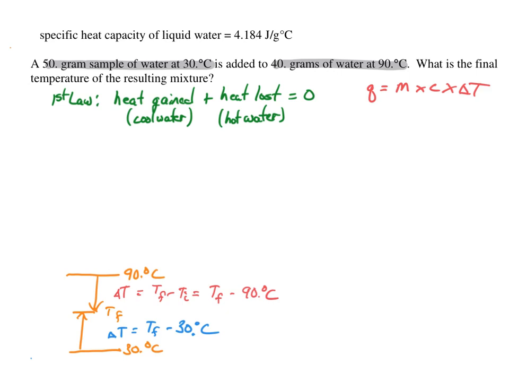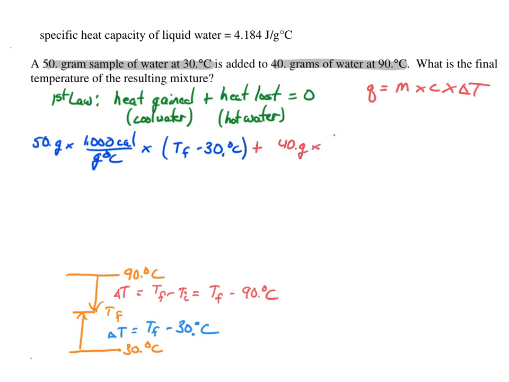So for the cool water bath, we have a 50-gram sample. Its heat capacity is 1 calorie per gram degree C. And our delta T is going to be our final temperature, which we don't know, subtracting 30 degrees C. For the hot water bath, its mass is 40 grams.